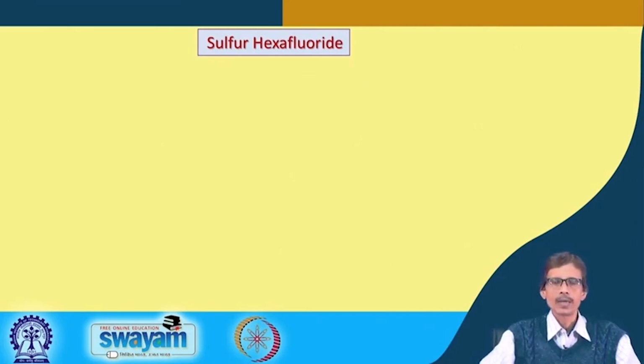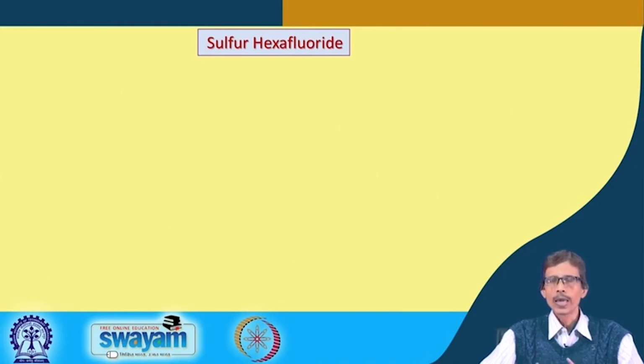Then we can have sulfur hexafluoride. Like uranium hexafluoride, you can get it now in terms of a non-metallic part, that means sulfur. We know sulfur dioxide and sulfur trioxide, but we never discussed sulfur in terms of its fluoride.